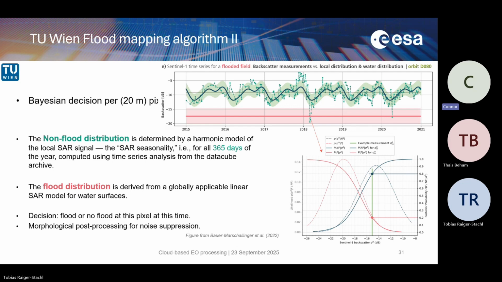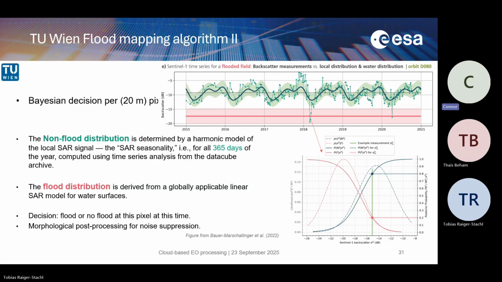So basically, we compute a no-flood distribution and a flood distribution. Here you see the two distributions, for example. Now we compute the probabilities with the Bayesian method, and we associate the decision of whether it's flood or not flood.